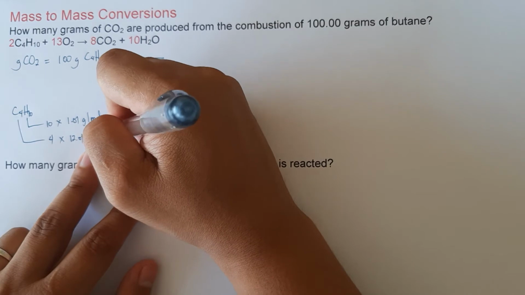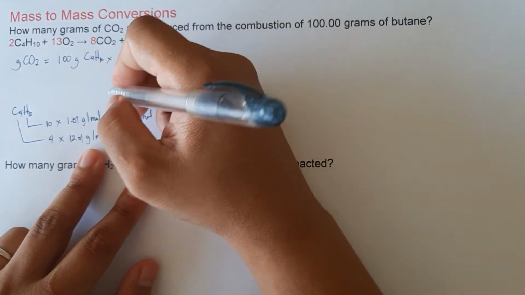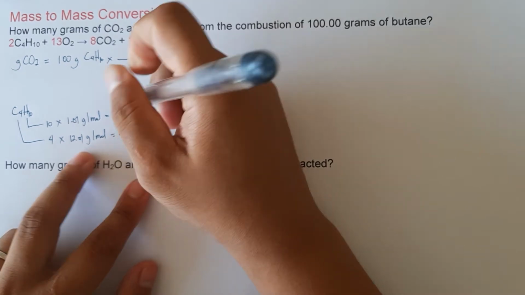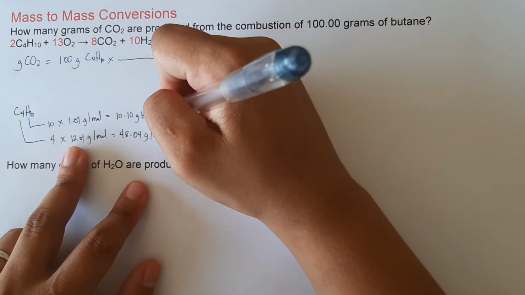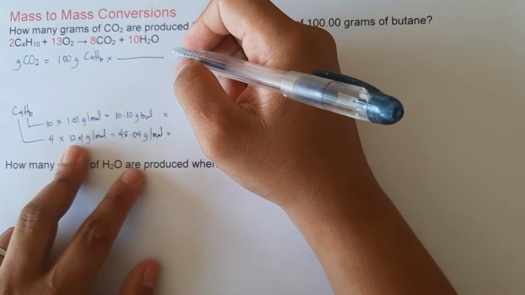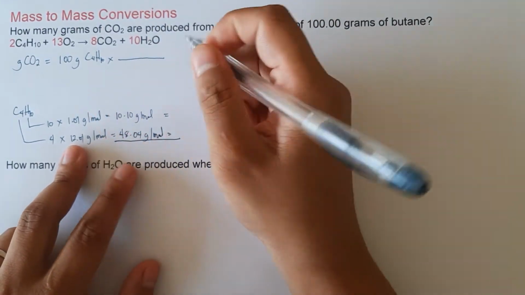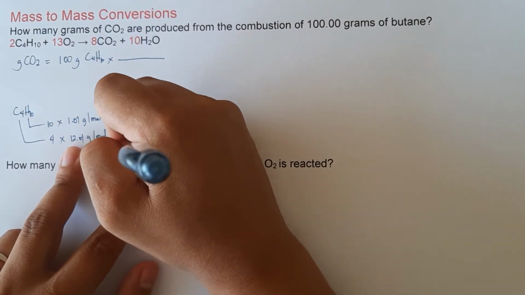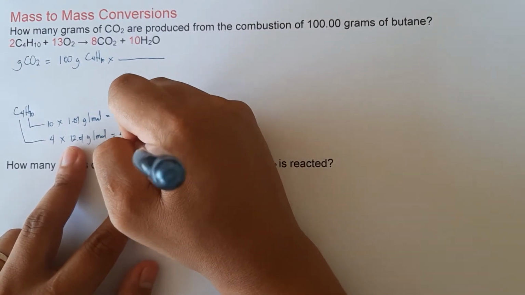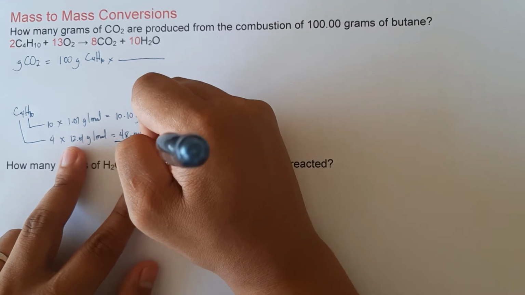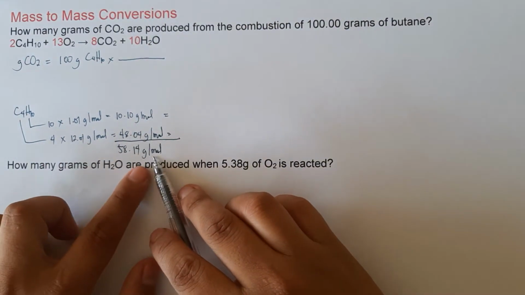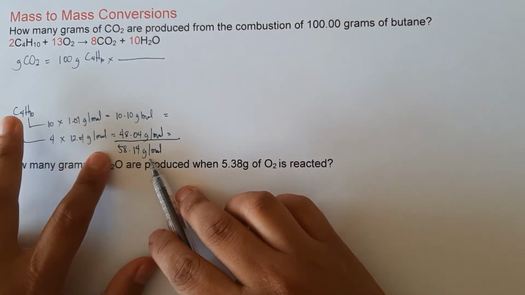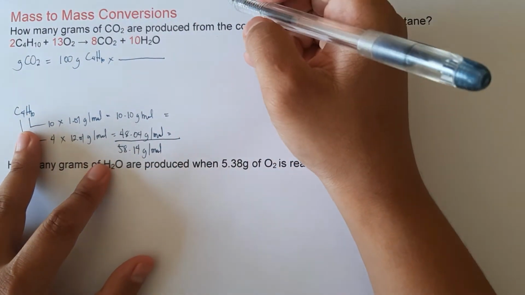And this one is 48.04 gram per mole. No, we just need to multiply it. So we will arrive at the answer 58.14 gram per mole. So this is the molar mass of butane.